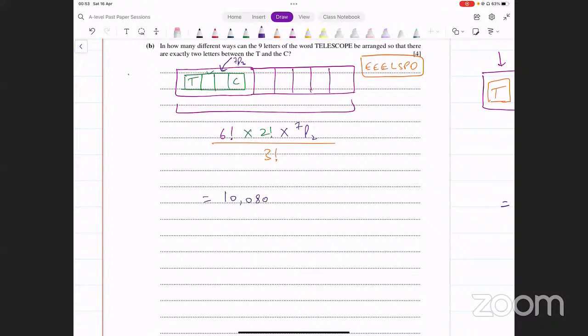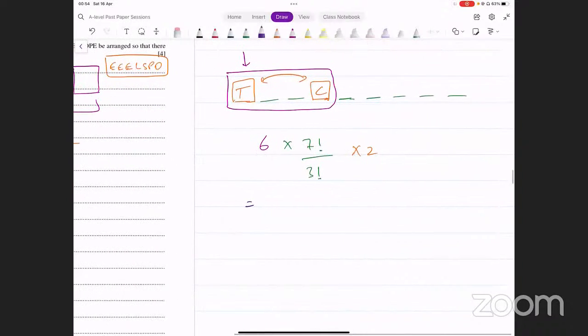This is one way of doing this. And then we have 6 into 7 factorial into 2 divided by 6, and that also gives me the same thing, 10,080. Right?